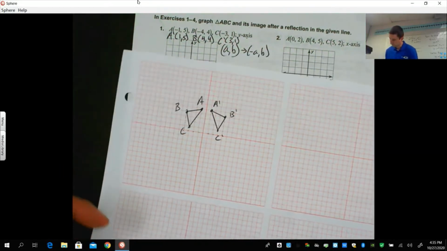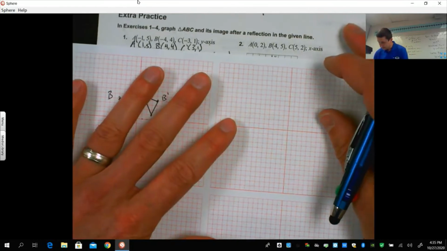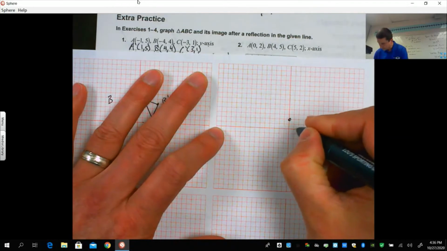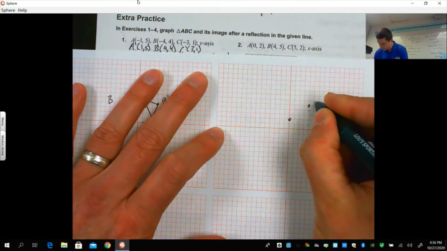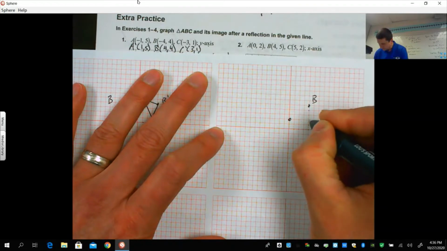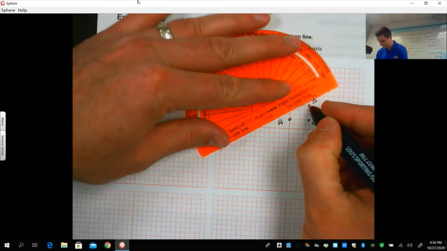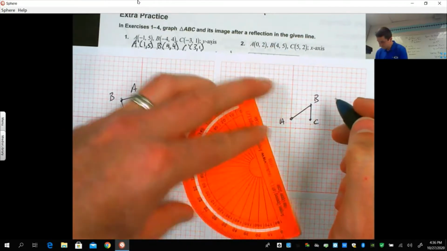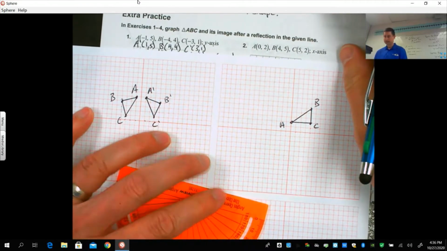Let's move on. Okay, number 2. A is 0, 2. B is 4, 5. And C is 5, 2. Okay, we're reflecting in the x-axis.